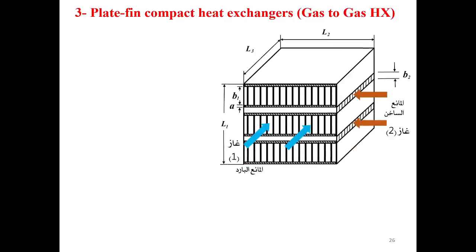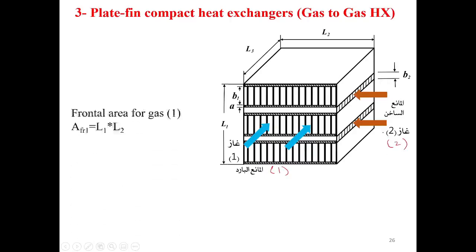This again shows the two fluids entering a gas to gas compact heat exchanger with different geometrical parameters. For example, this is side number 1, we call it the cold fluid, and this is side number 2.